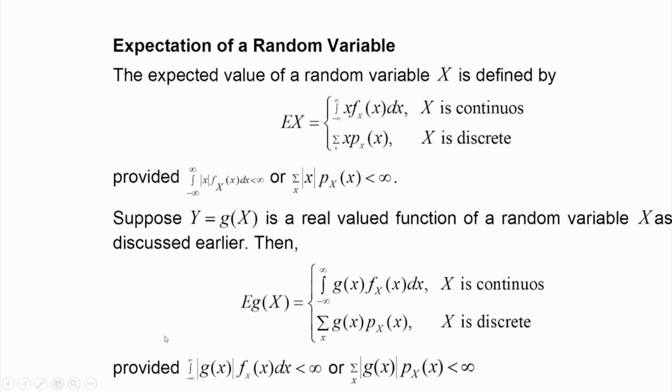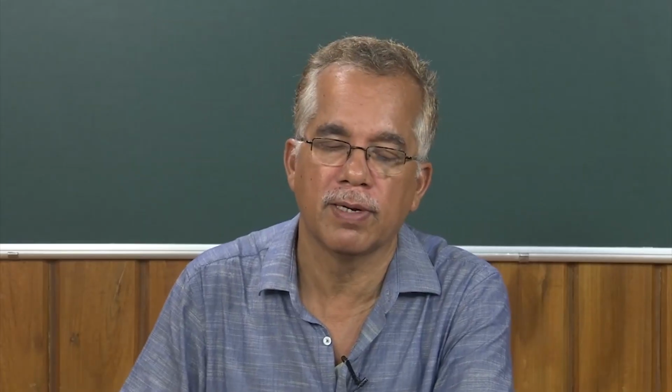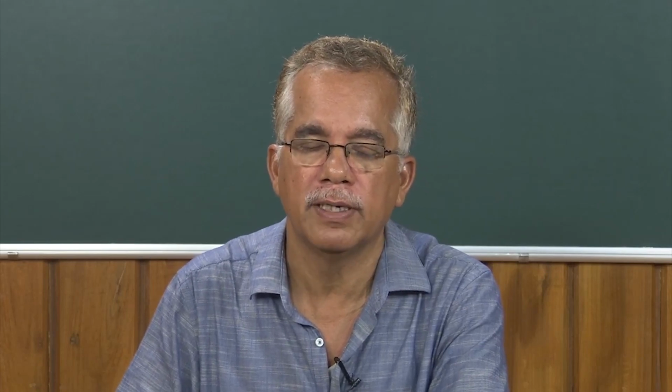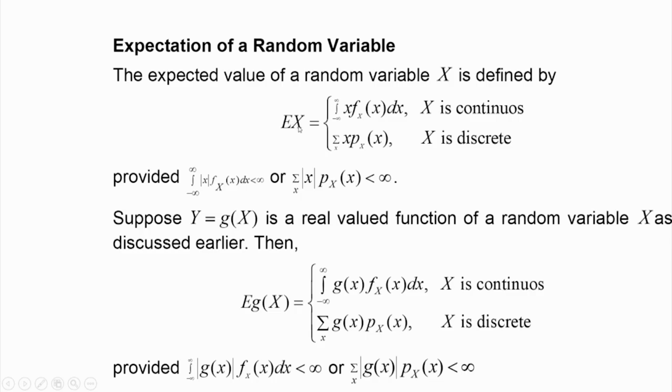So, we have defined the expected value or average value. This is the average value of the single random variable x by this relationship.